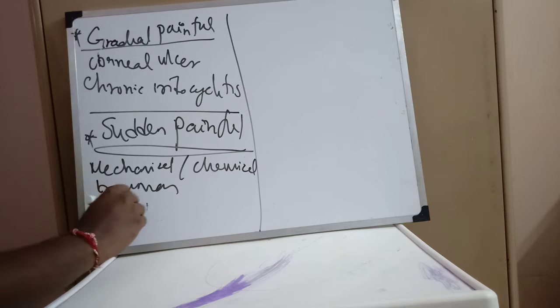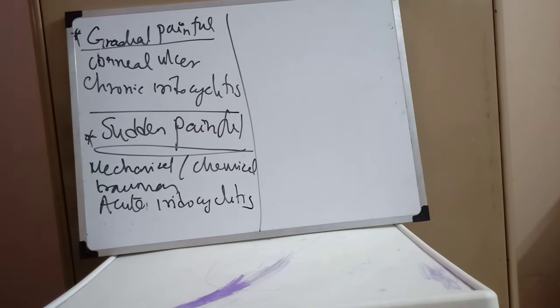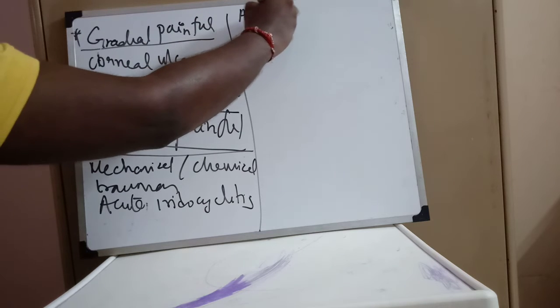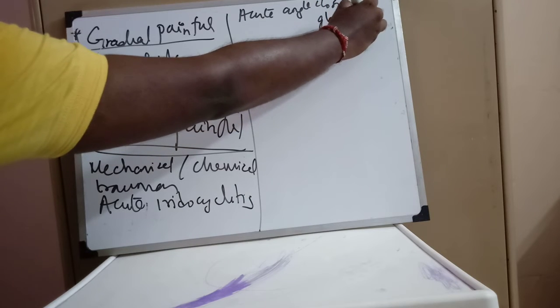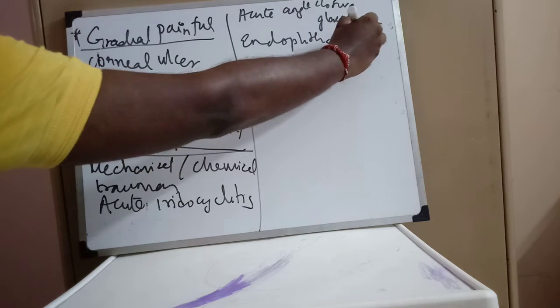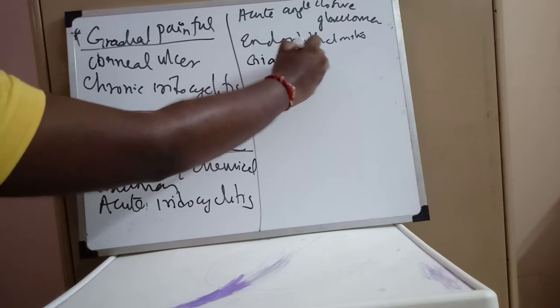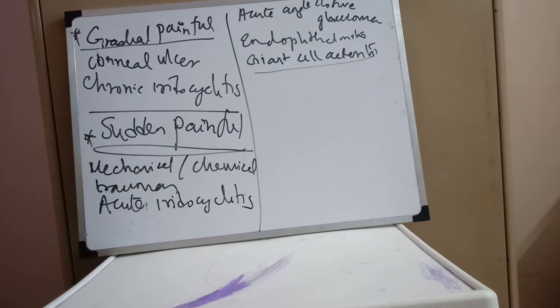You can have acute iridocyclitis, acute angle closure glaucoma, endophthalmitis, and also giant cell arthritis. An important thing about giant cell arthritis, which you have read about in pathology: the artery preferred for palpation or confirmation of giant cell arthritis, with a beaded appearance, is the superficial temporal artery. Okay.